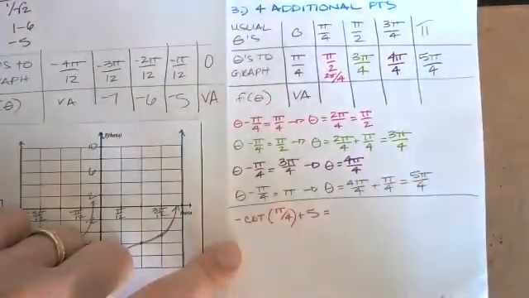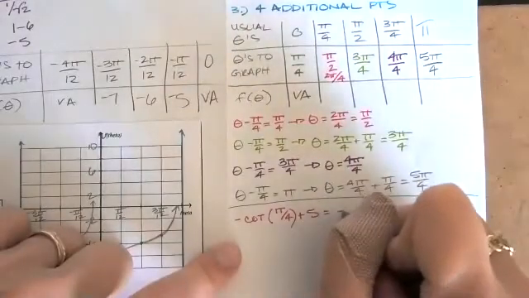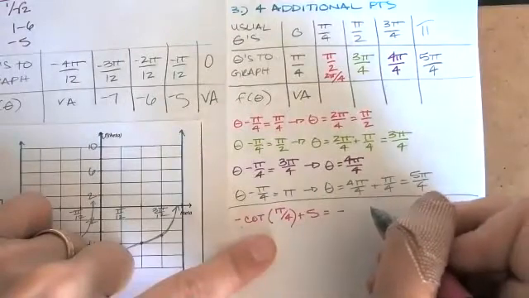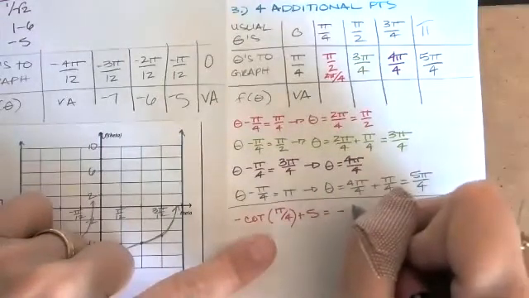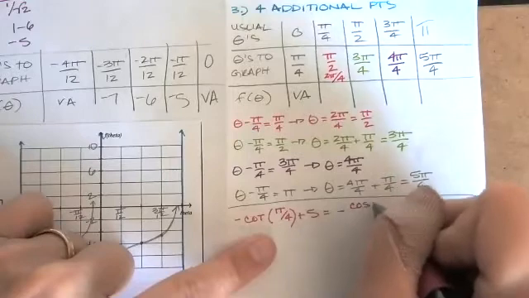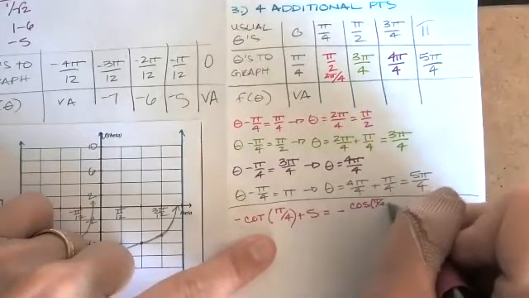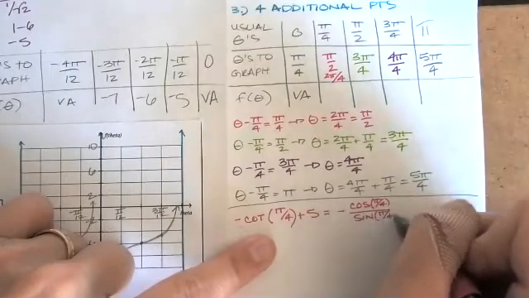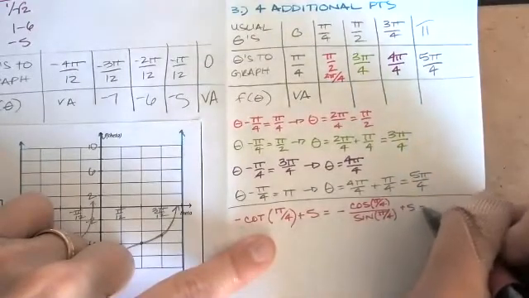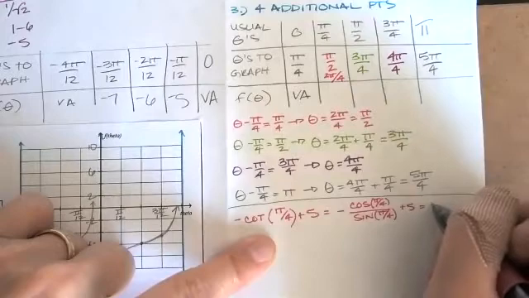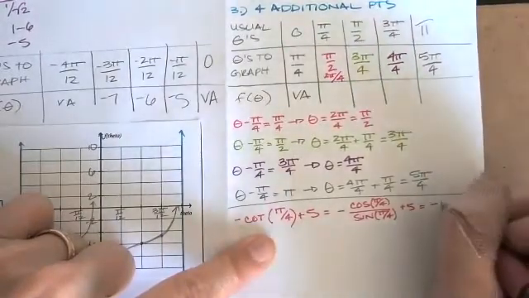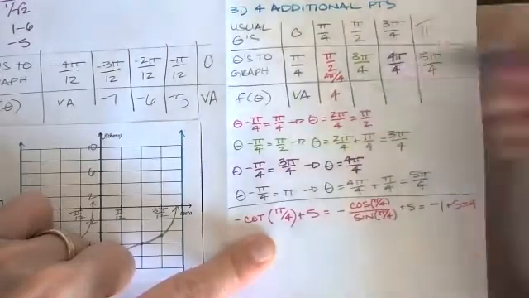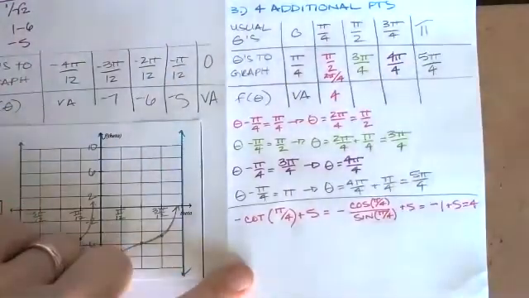So this will be the opposite of the cotangent of pi over 4, which is the cosine of pi over 4 over the sine of pi over 4, and then plus 5. So this is the opposite of 1 plus 5, so that gives me 4. I went through that really quickly, so I'll give you a second and I'll explain it again.